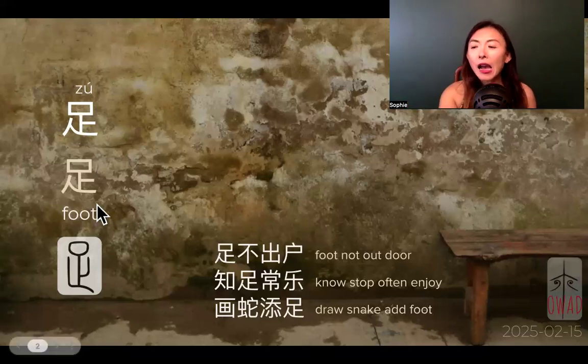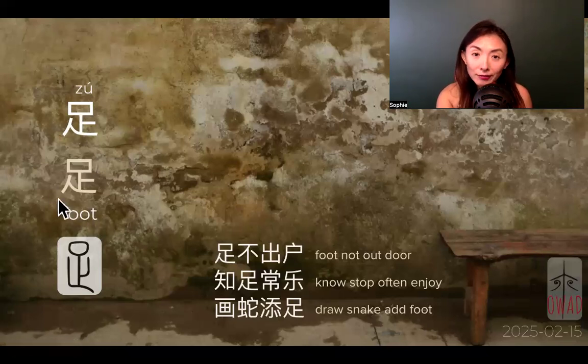So eventually, not footwear, but anything related to using your foot to go somewhere, to run, to jump, everything related to your lower limbs is going to use this radical.